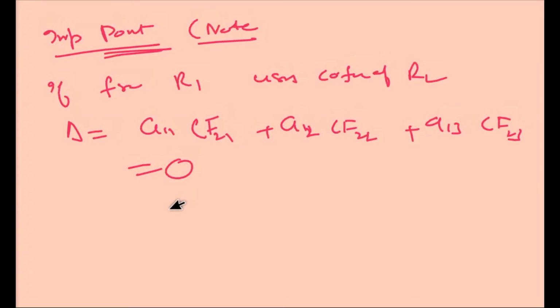What I am telling you is an important point: if you are evaluating the determinant and you are taking the members of R1 and you are taking the cofactors of R2 or R3, then the determinant will be 0. So understand this point.